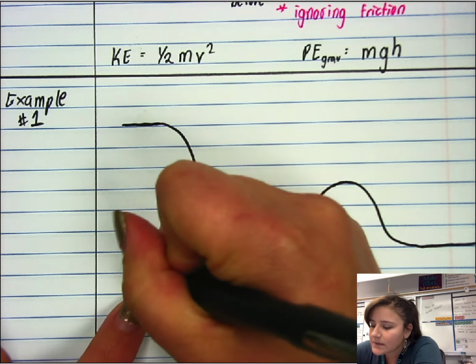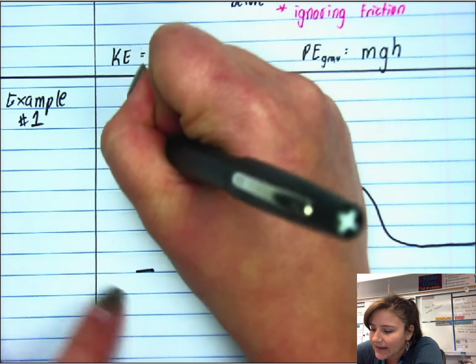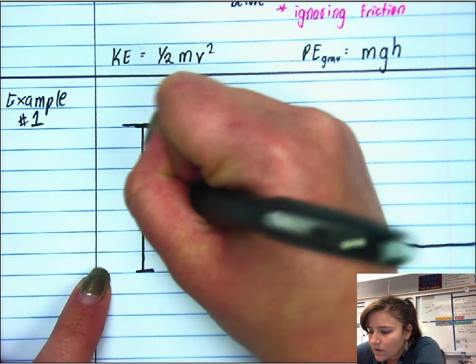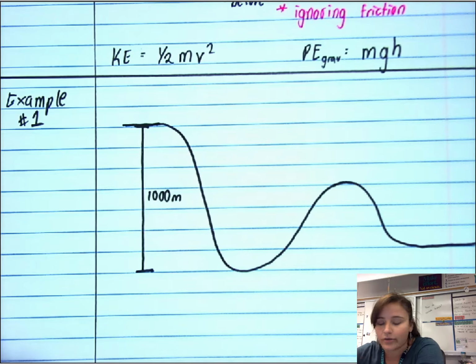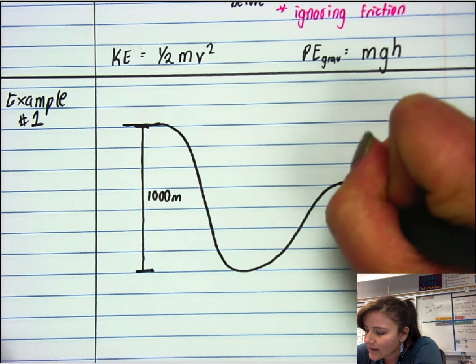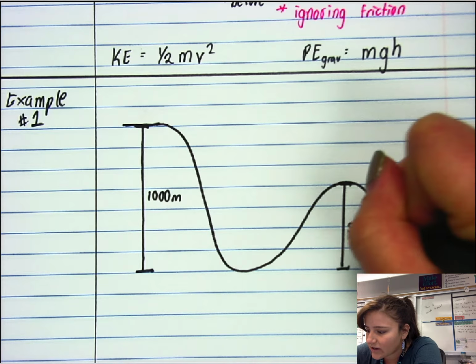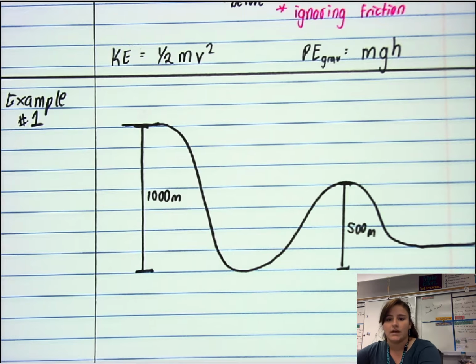Okay? And I'm going to tell you guys that this height is 1,000 meters. It's a super tall roller coaster. And then this height is going to be 500 meters. Okay?